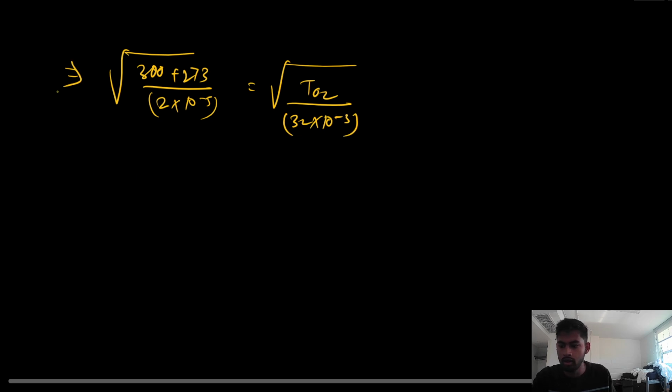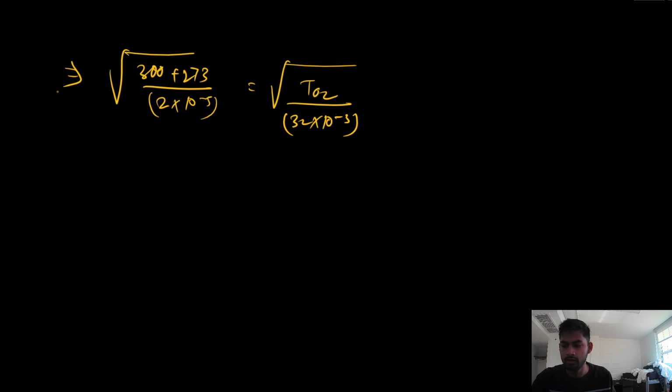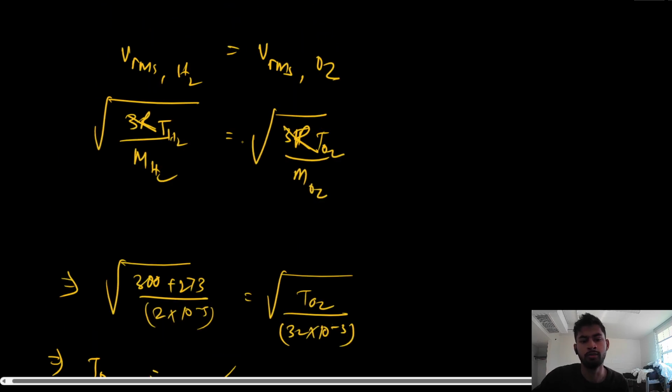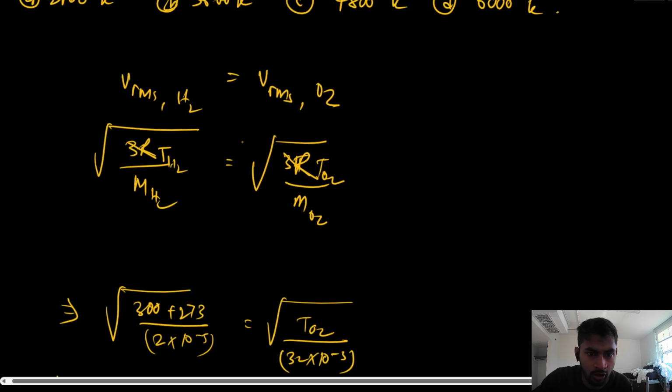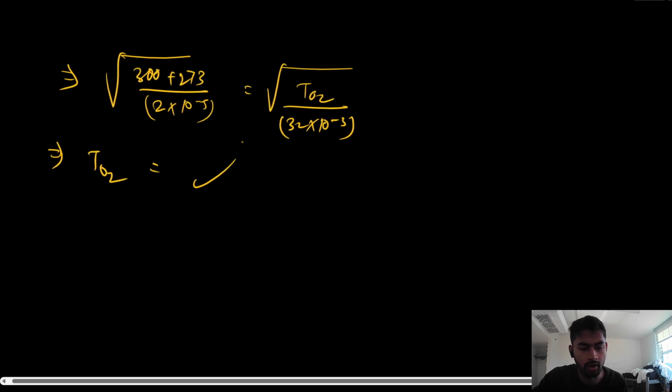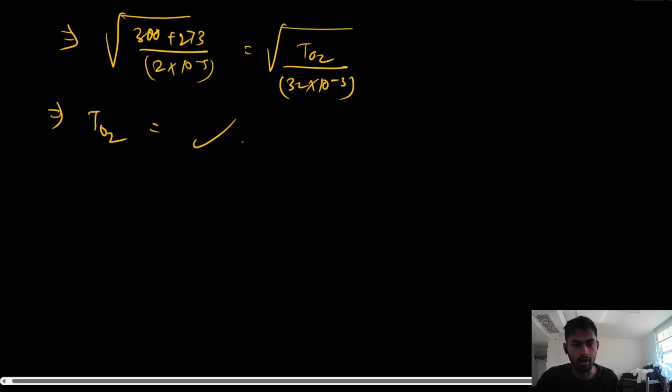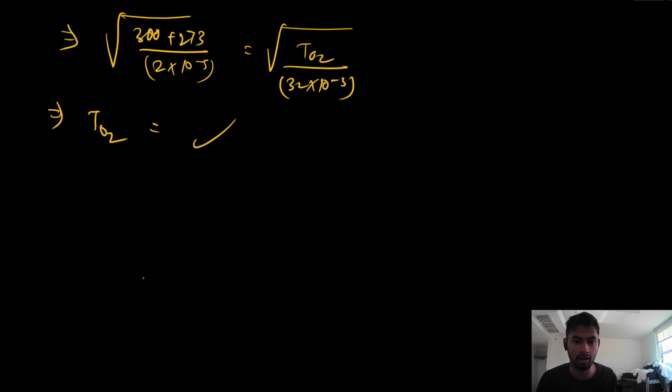If we equate these, then we can get TO2, which was basically your assignment, but I hope now you know what we're doing, and you can compute the temperature of oxygen in kelvins. And you can just subtract 273 kelvins to get the value in degrees Celsius.